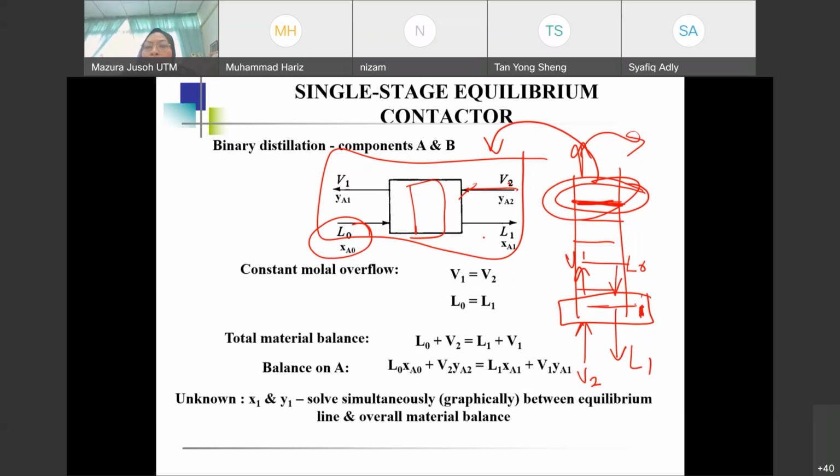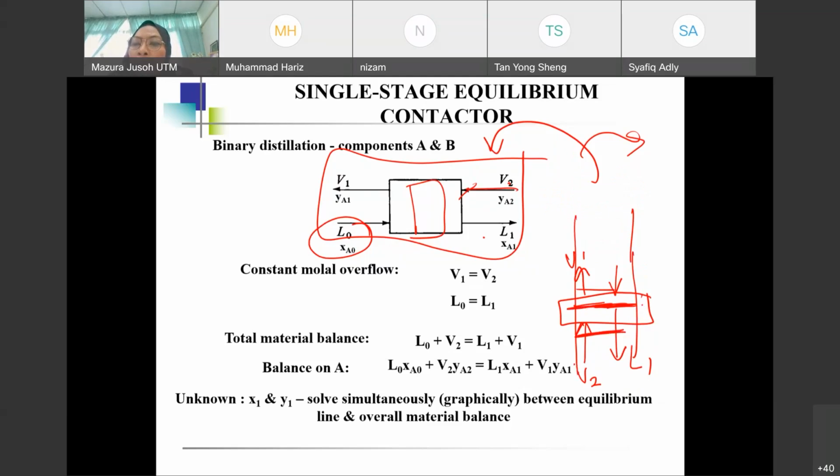So if this is tray number 1, the tray on the top is tray number 0. So this is not appropriate actually. So what we want to do is to take out all this and just imagine that there's another tray down here. So this is 0, this is 1, and this is going to be 2.